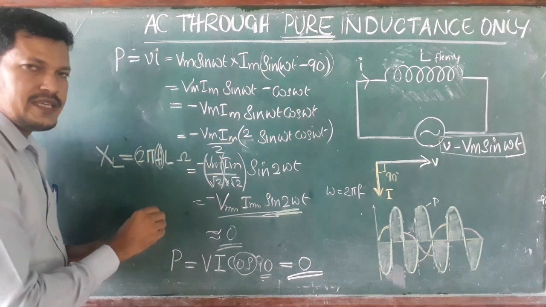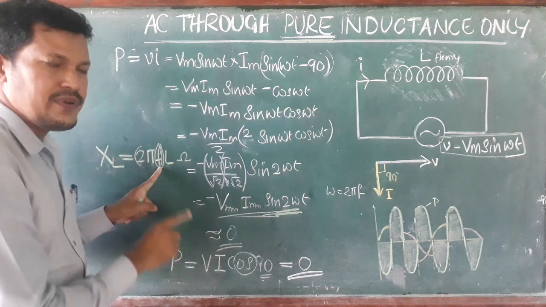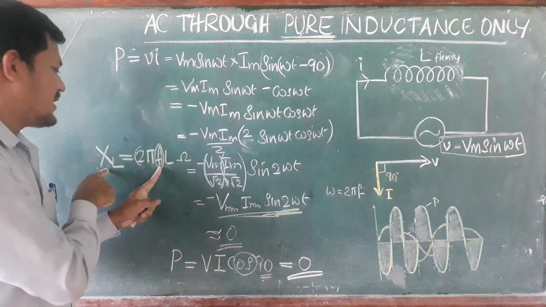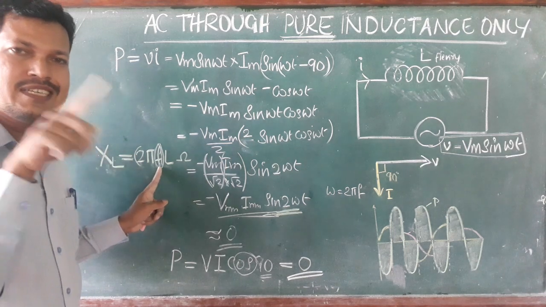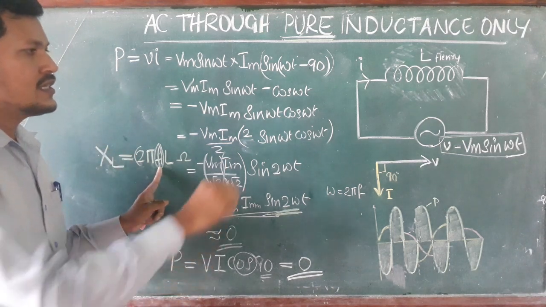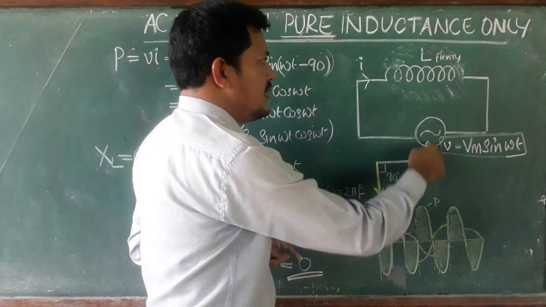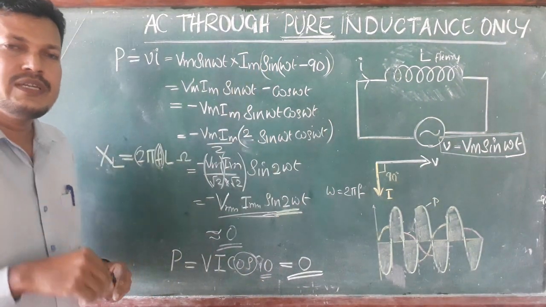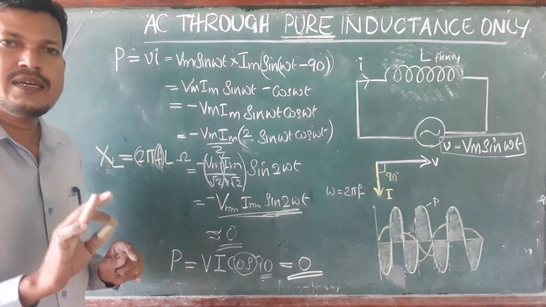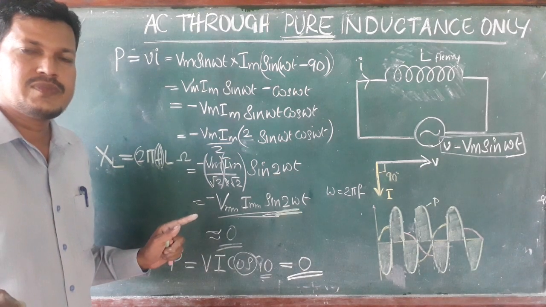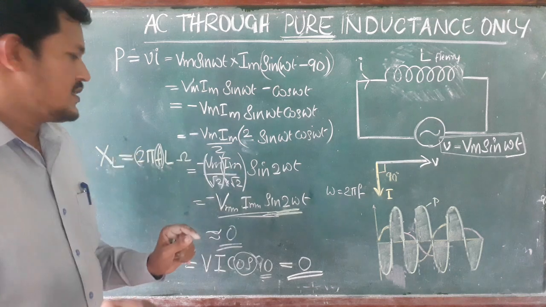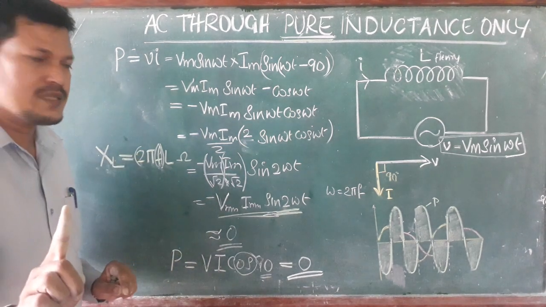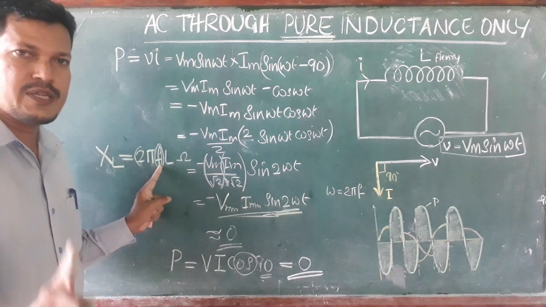In DC the frequency is 0. So whenever frequency is 0, XL, the inductive reactance, becomes 0. So in a DC circuit, suppose we give a DC supply, the inductive reactance opposition becomes 0. There is no inductance effect in the DC circuit. Clear? Remember, in the DC circuit there is no inductance effect because frequency is 0.